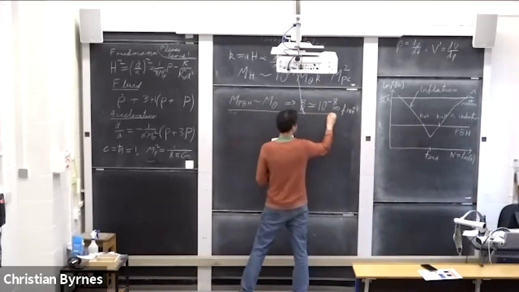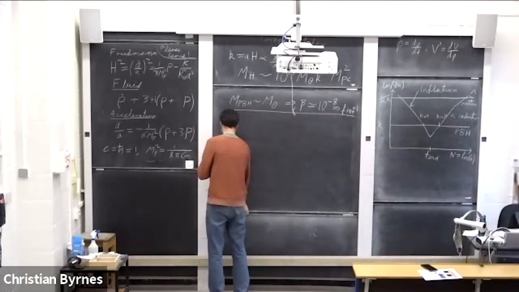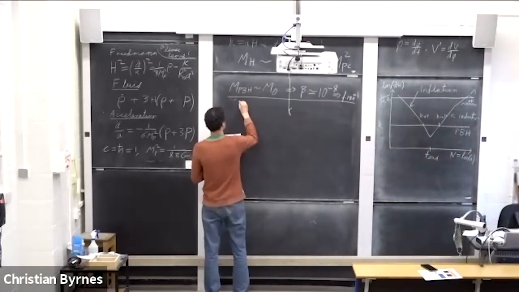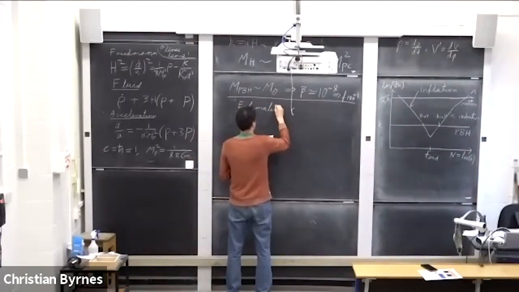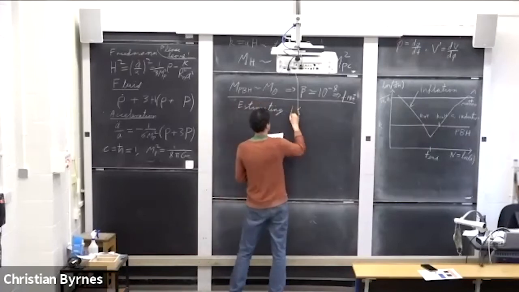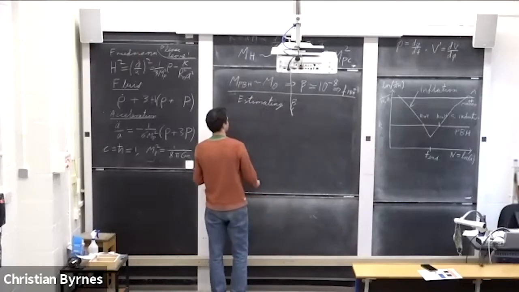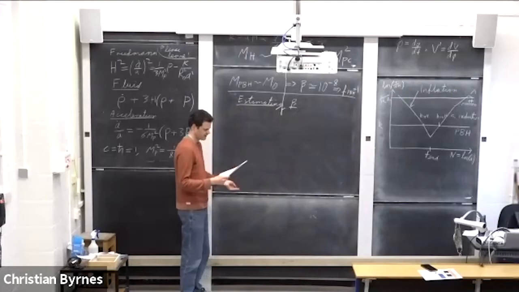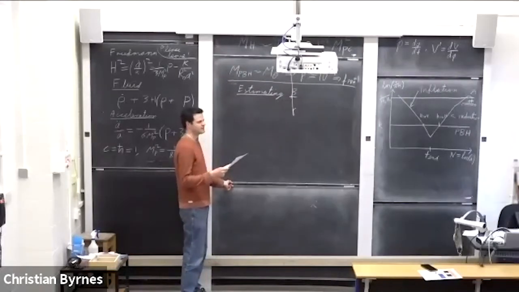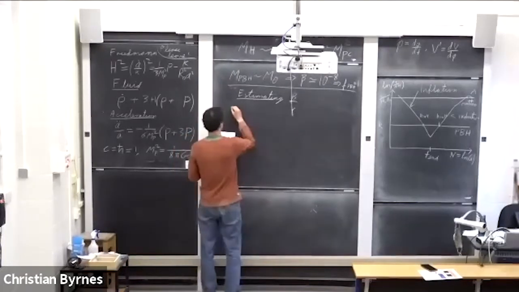So now I want to talk about how we estimate beta. The easiest way is using something called Press-Schechter theory. I hope some of you have seen this before. If not, I'm afraid I'll just tell you what it says rather than why or how.